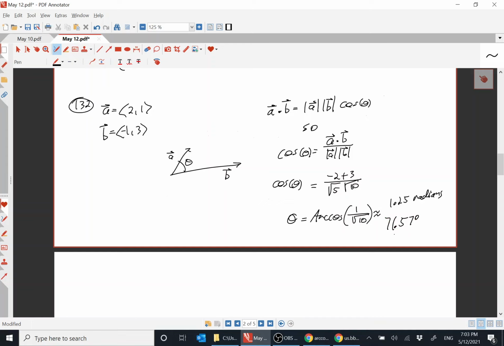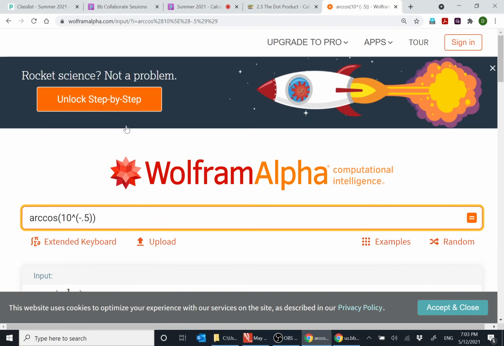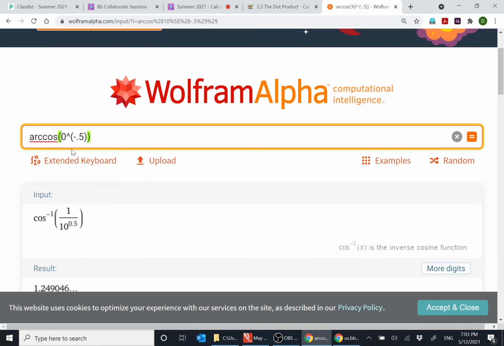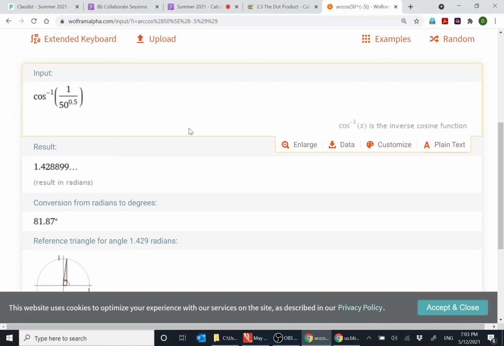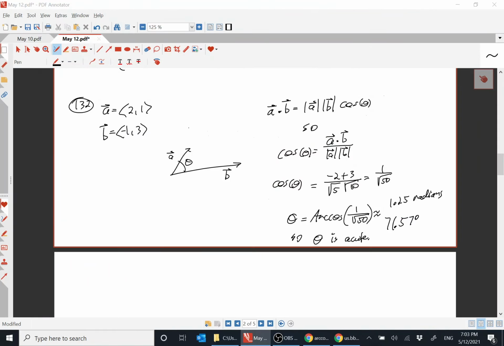All right, so the angle is acute. Well, we knew it was acute over here because the dot product was 1, which is positive. Oh, wait a minute, that's 50. I'm sorry. Let's try this again. .42, 81.87.